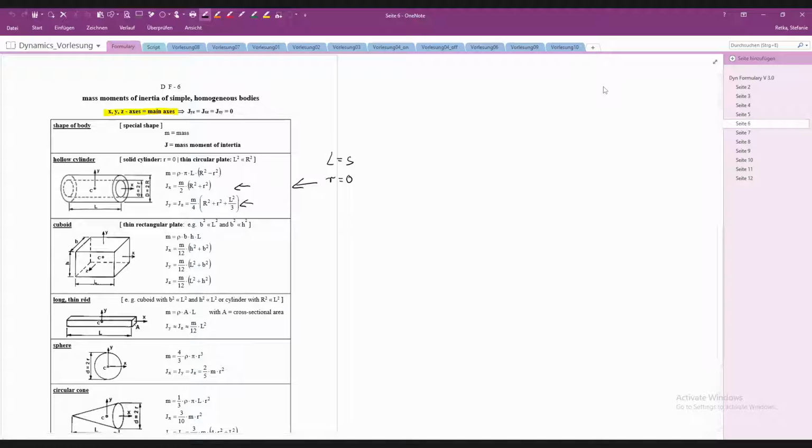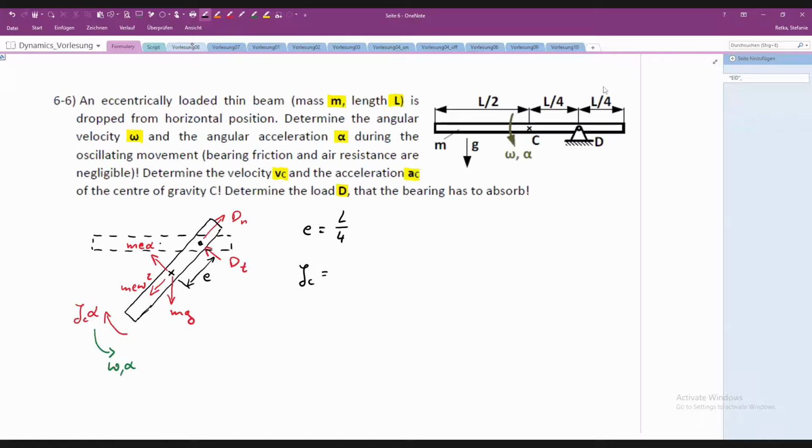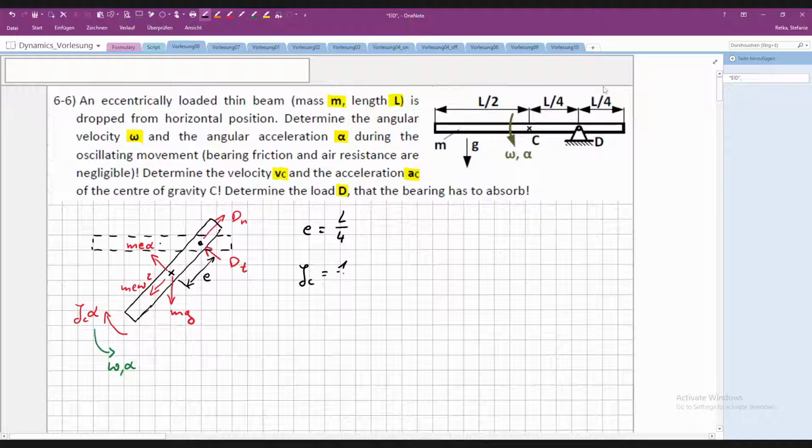We have a long, thin rod, and the mass moment of inertia with respect to the axis C is 1/12 m L squared. So that's the mass moment of inertia that we need, 1/12 m L squared.